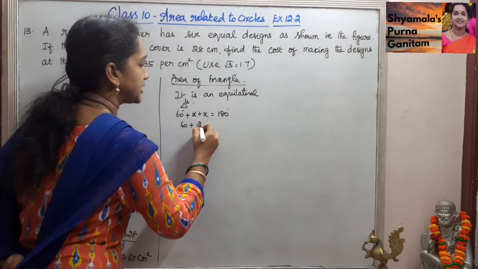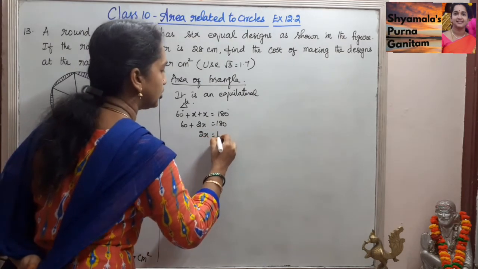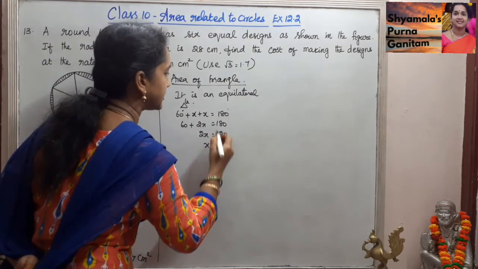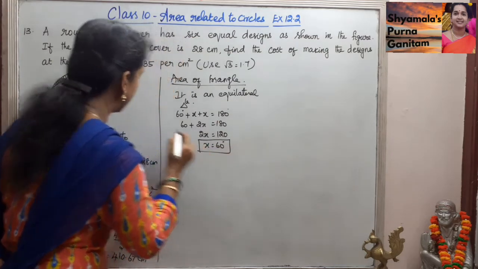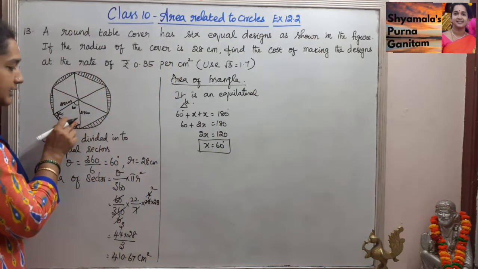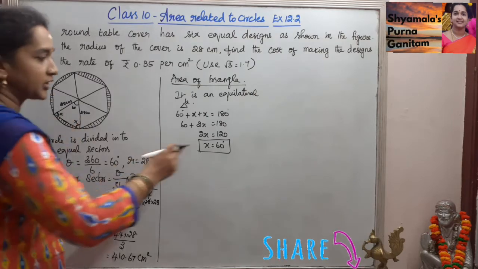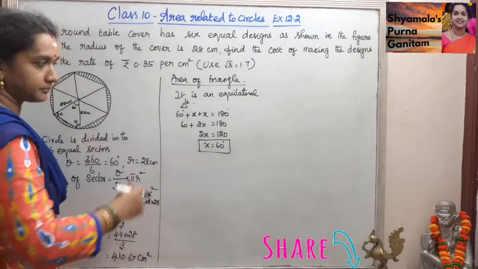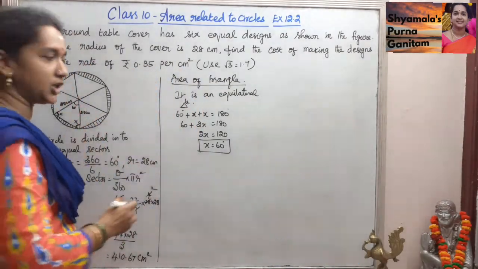So 60 plus 2x is equal to 180. 2x is equal to 120. So x is equal to 60 degree. We are taking this as x and finding the value as 60 degree. So it is an equilateral triangle.